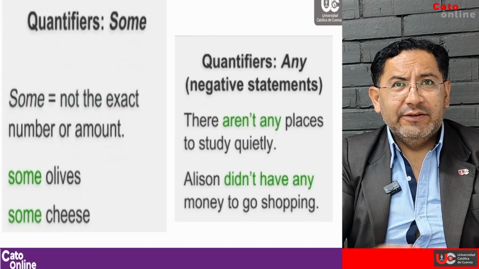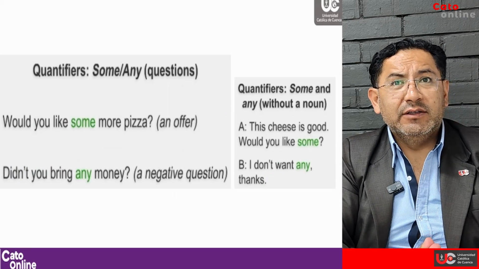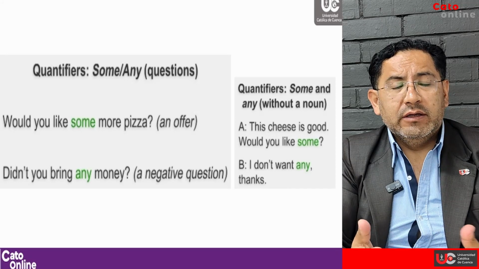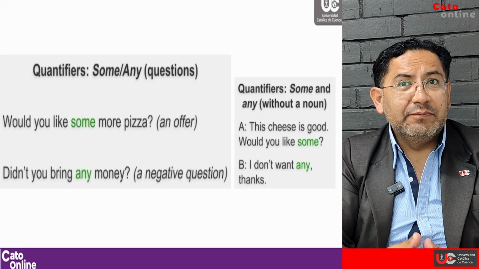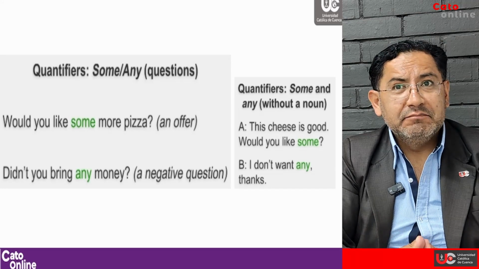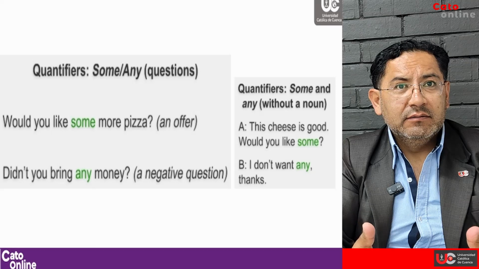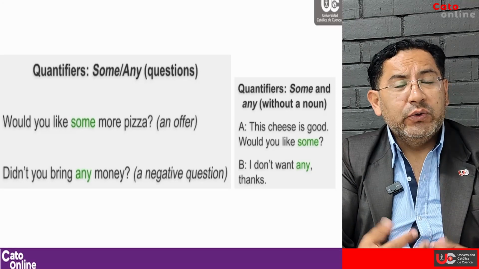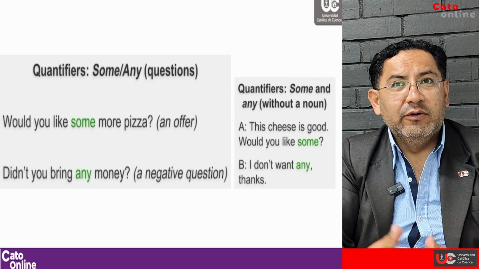Okay, let's continue with quantifiers some and any in questions. Would you like some pizza, some more pizza? An offer, I am offering you more pizza. But I have to say, would you like some pizza or some more pizza?